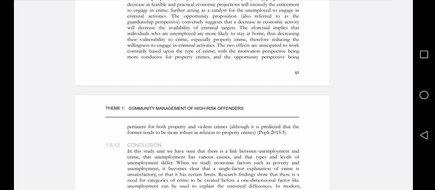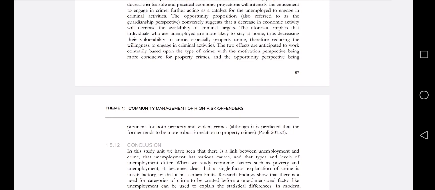The opportunity proposition, also referred to as the guardianship perspective, conversely suggests that a decrease in economic activity will decrease the availability of criminal targets. The aforesaid implies that individuals who are unemployed are more likely to stay at home, thus decreasing their vulnerability to crime, especially property crime, therefore reducing the willingness to engage in criminal activities.